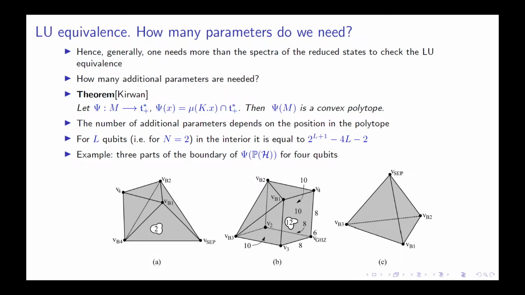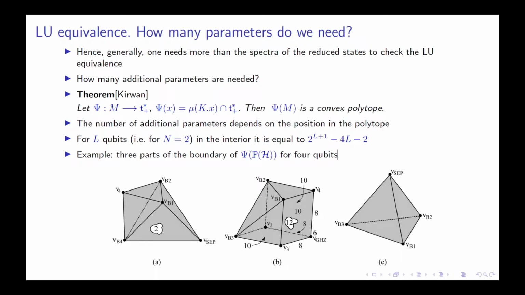And this is what we were able to determine: how large the number of additional invariant polynomials is, needed to determine the orbit uniquely.